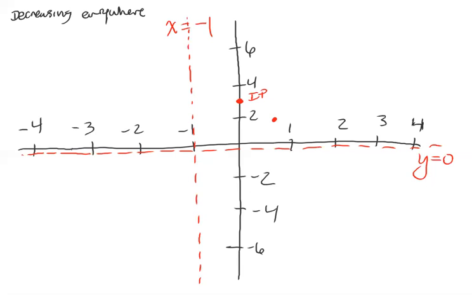I know that the graph is concave down from -infinity to -1. I know from my line graph that I drew before that from -1 to 0, the graph is concave up.